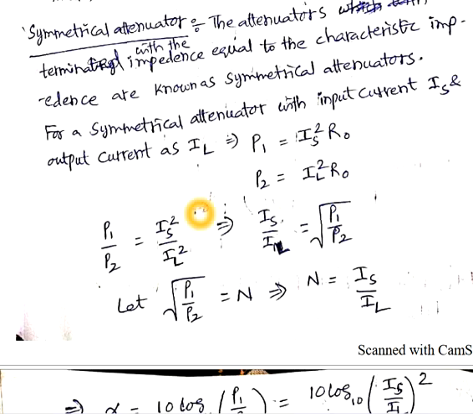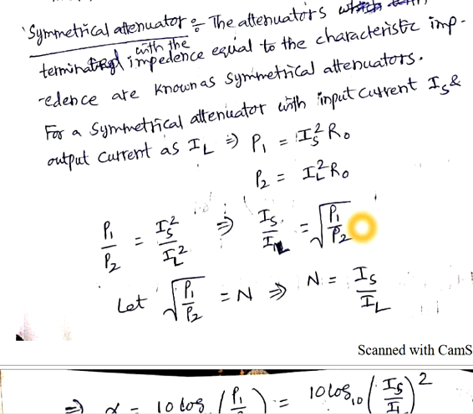Then for attenuation we need the ratio of P1 by P2, right? That ratio will come like this: Is square by IL square, because R naught will be cancelled. Then Is by IL will be the square root of P1 by P2.